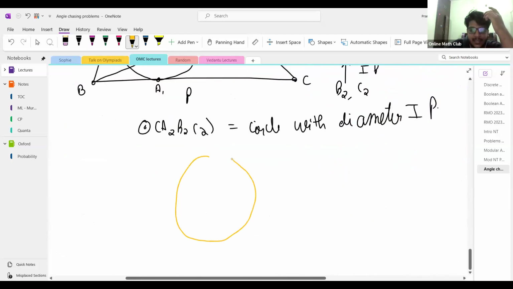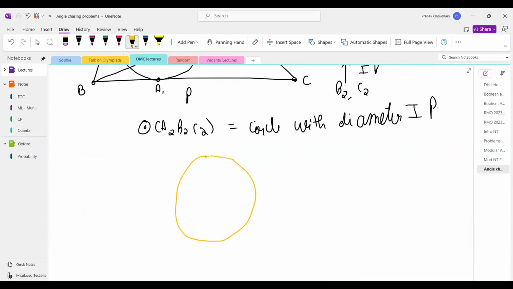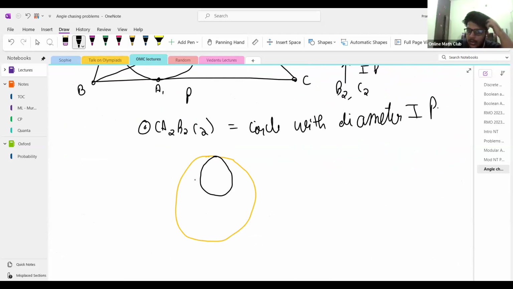But the main idea is like this. Aritra, I can't hear you. But yeah, it's like this. You have a circle, you take a point, and even if not this, you can have something like this as well.